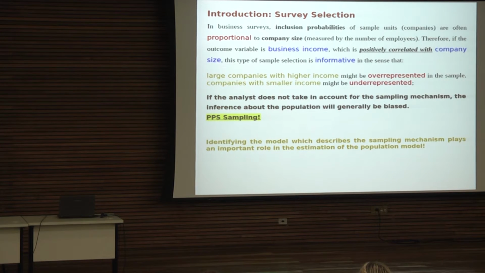This generally complicates estimation of the population model. So identifying the model which describes the sampling mechanism plays a very important role when dealing with informative sampling, because this model is generally used in order to estimate the population model.